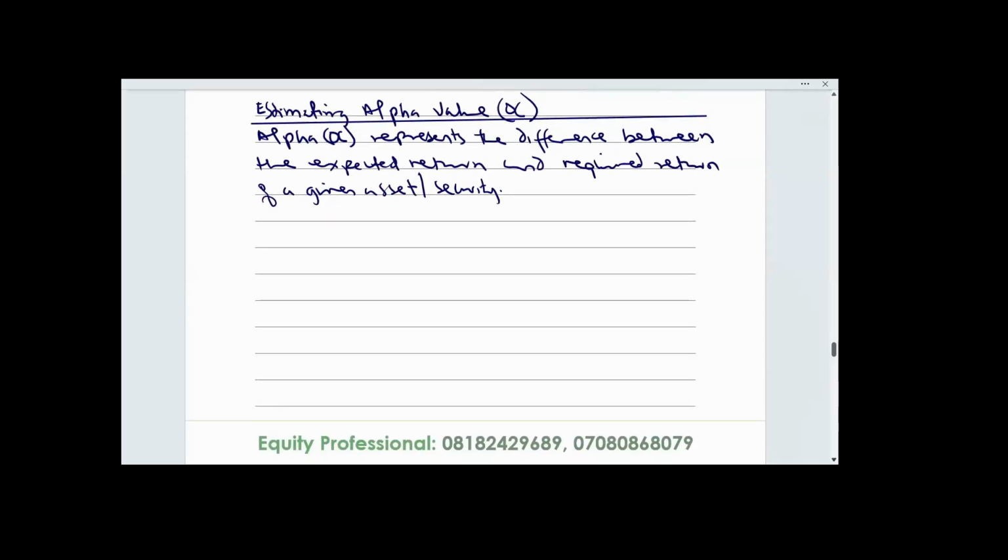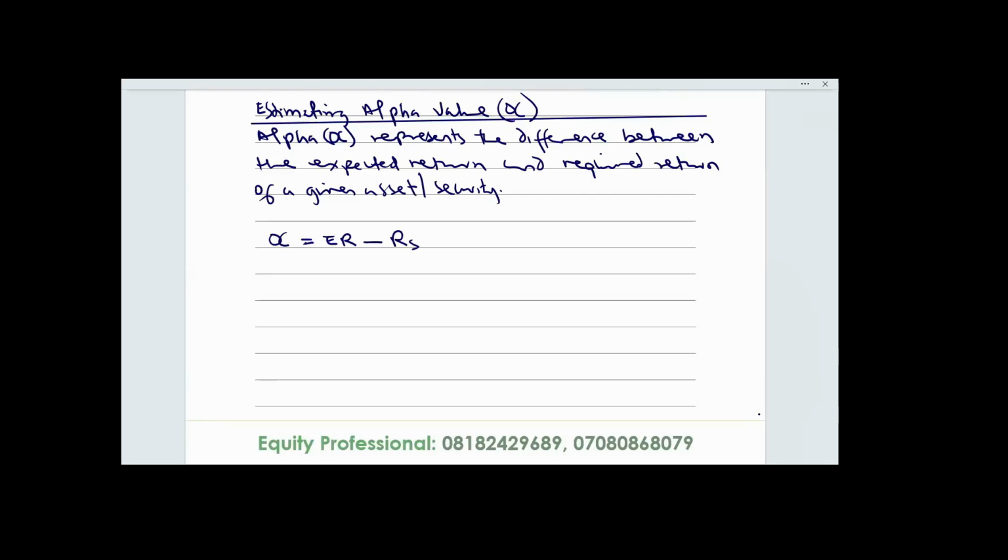First, let's stop all those stories. I will be very happy if I can solve one question under CAPM, so that in our next class, I will solve more illustrations. So we said alpha is equal to the difference between expected return and the required return. We can use a table to do this.